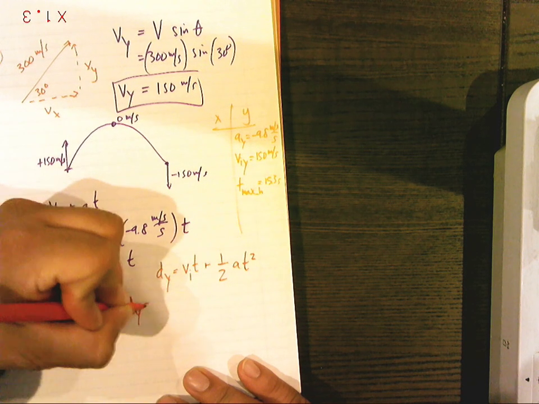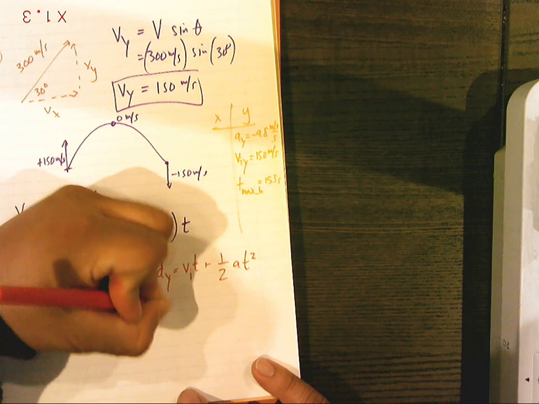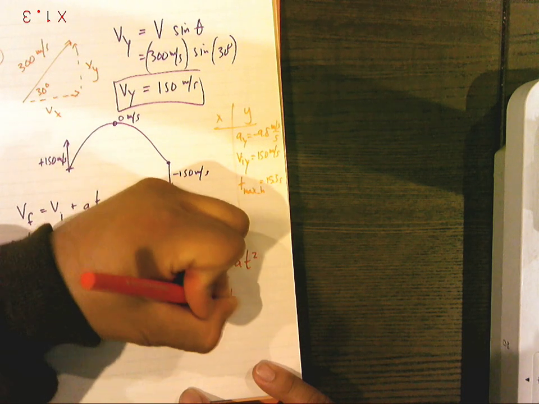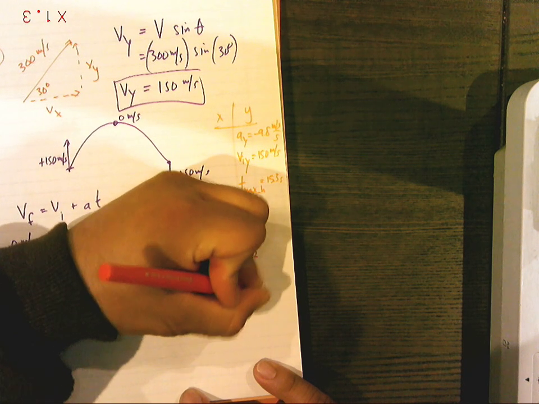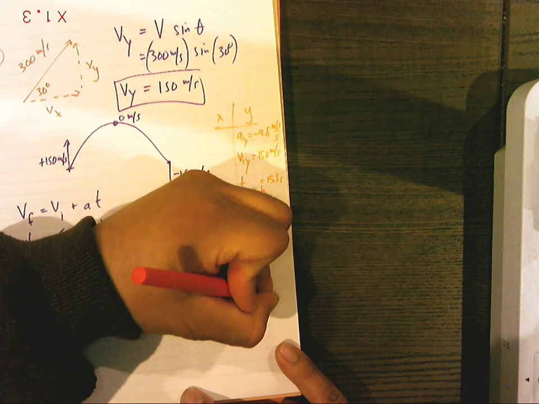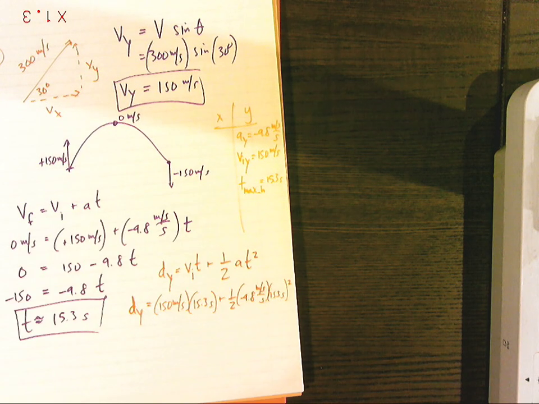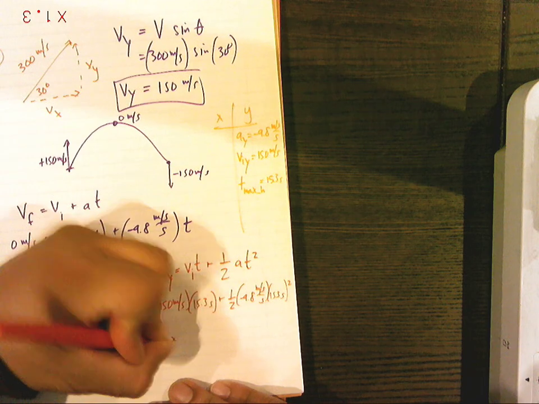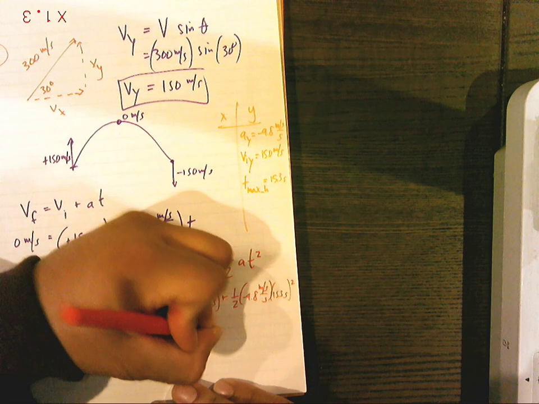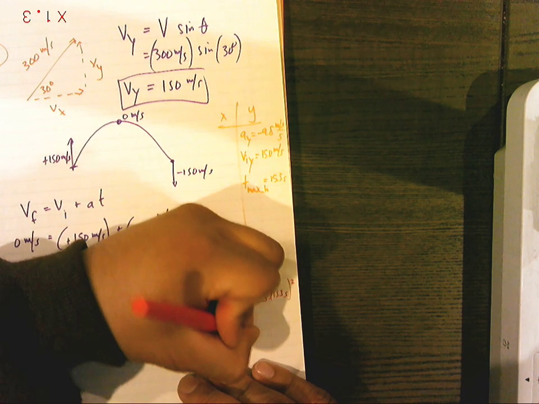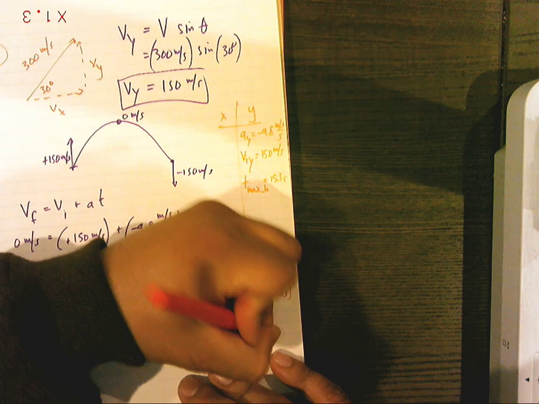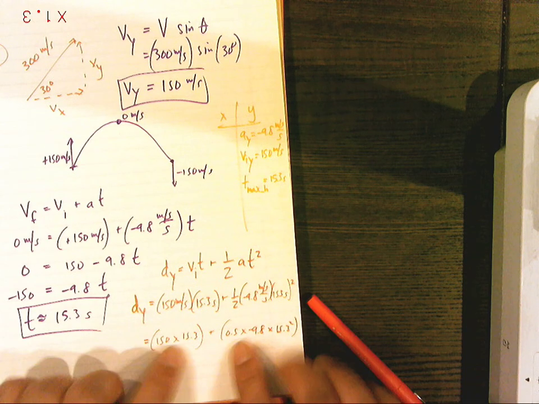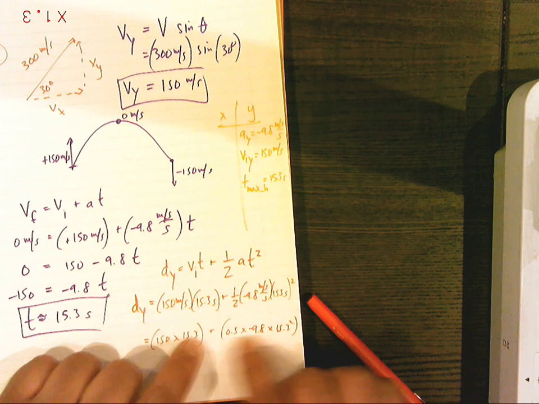dy is going to equal that initial velocity, 150 meters per second, times my time of 15.3 seconds, plus 1/2 times the negative 9.8 meters per second squared times that 15.3 seconds squared. I need to substitute with units, so I can rewrite it like 150 times 15.3 plus 0.5 times the negative 9.8 times 15.3 squared, because it's really two sets of multiplication being done, and then we add them together.